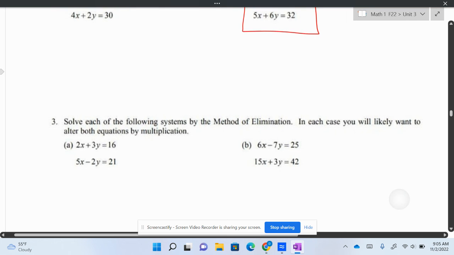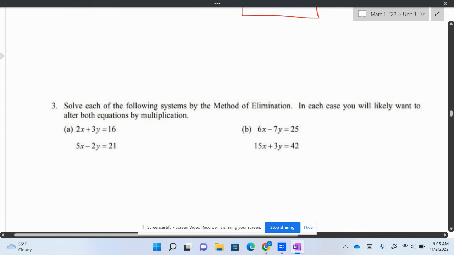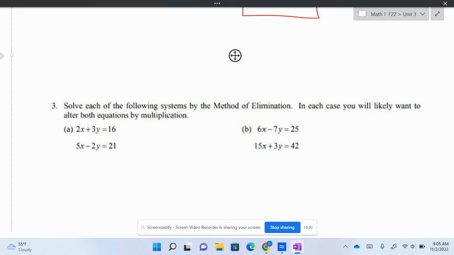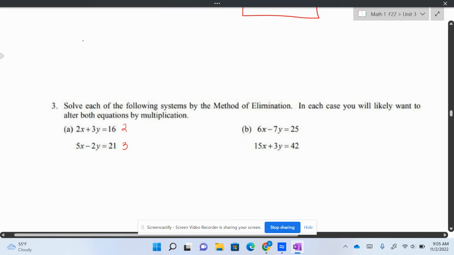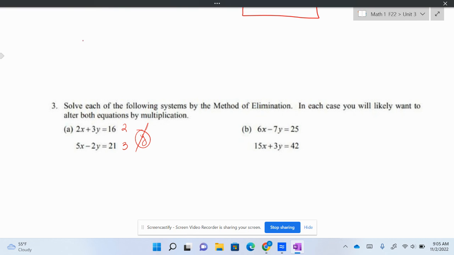What about 3a? What are you thinking? I see that my y's are already opposites, so I would multiply the top equation by 2 and the bottom equation by 3, and that would get rid of my y's. Do you see that? I'd end up with 6y and negative 6y.